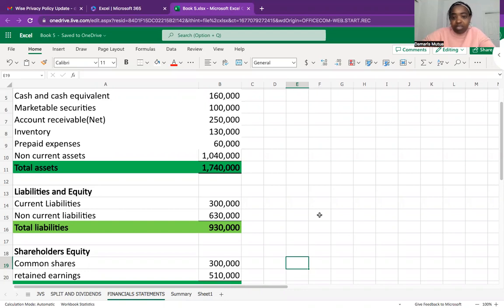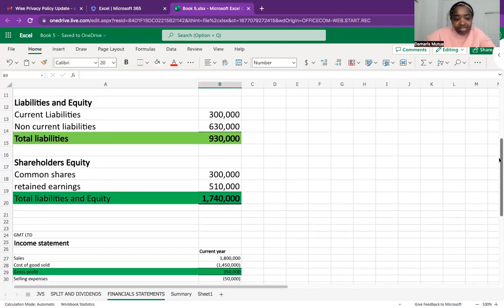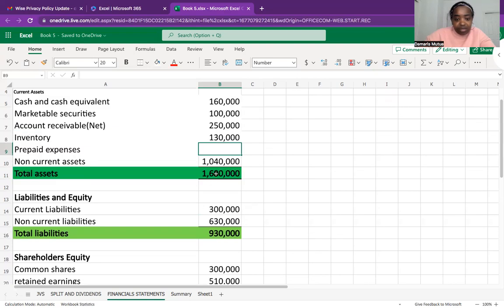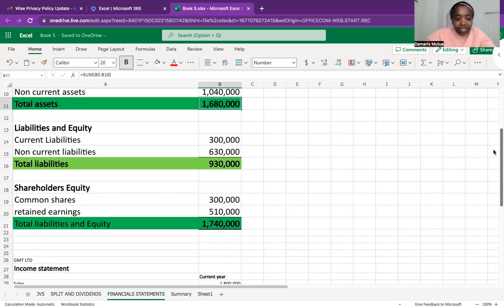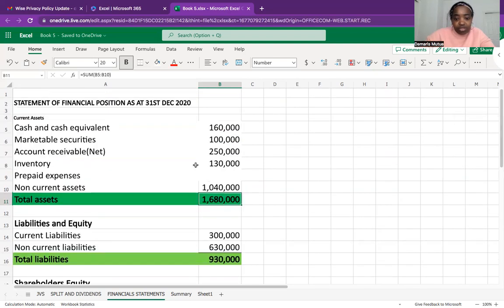Or maybe when you have your data in Excel, you pressed the wrong button and deleted some of the data. Let's say, for example, if I delete that, my balance sheet will not be balanced because my assets will be 1.680 million dollars, and my liabilities are $1,740,000. So that could be one of the mistakes.